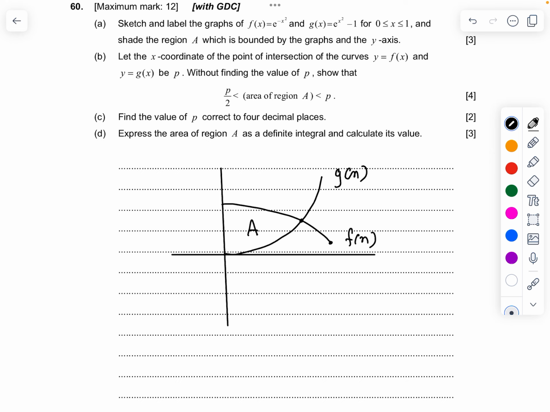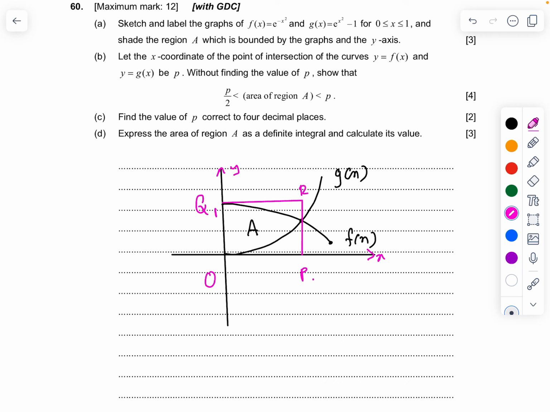Both are intersecting. This is area A. I write some P and R over there. Zero, x-axis, y-axis. The x-coordinate of the point of intersection is P. So I have written it out as P.